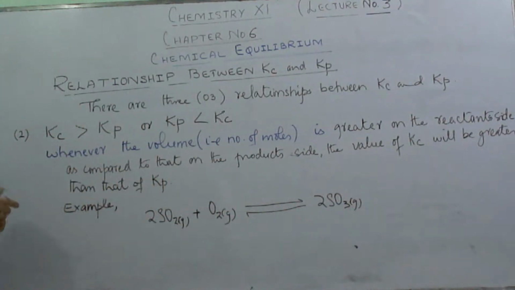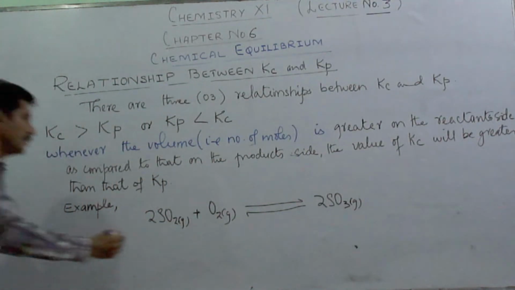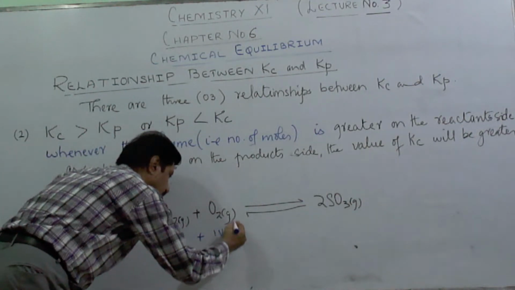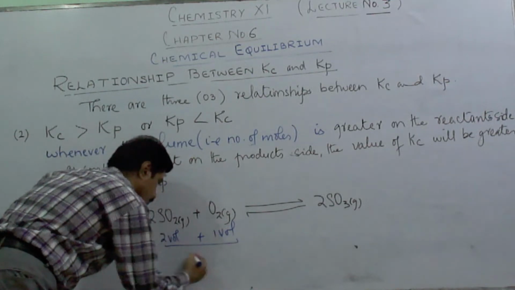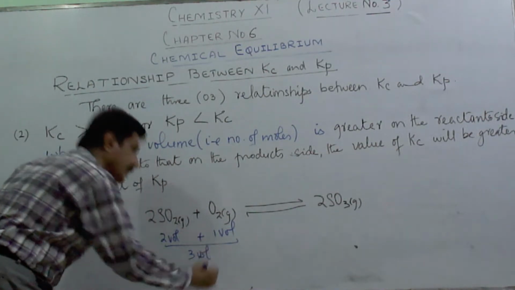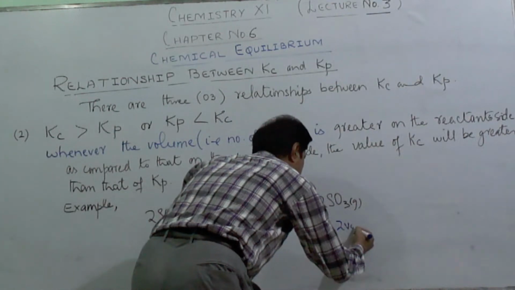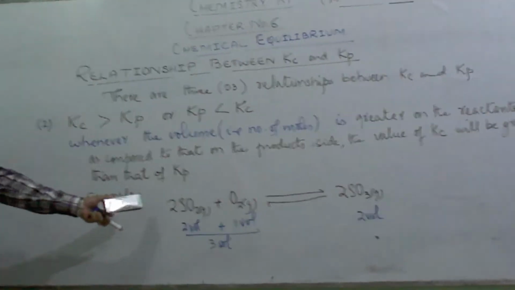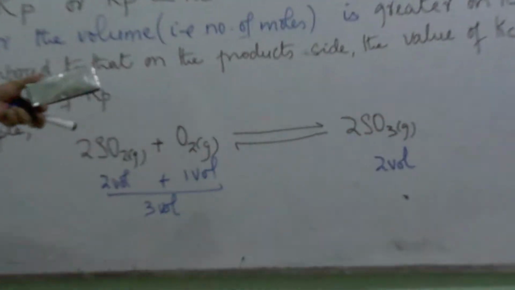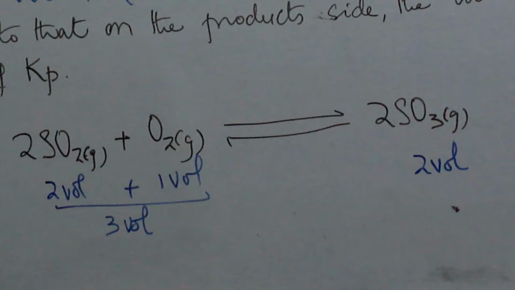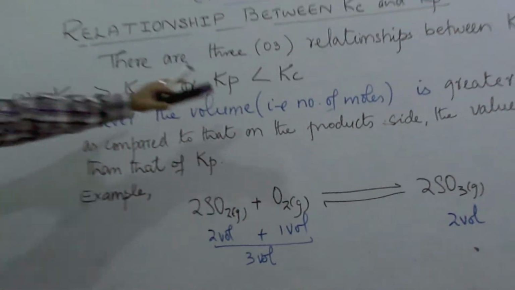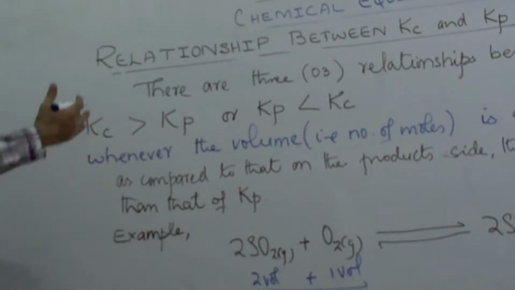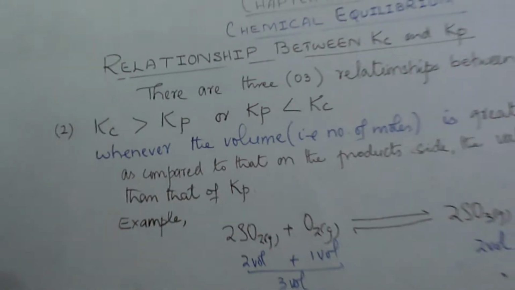Now if you look into the volume of the gases used here, 2 volumes of SO2 combined with 1 volume of O2 means total volume on the reactant side is 3, while the volume produced on the product side is 2 only. So in such a case, when volume on the reactant side is greater than product side, Kc will always be greater than Kp, or we can say Kp will always be less than Kc. This is the second relationship between Kc and Kp.